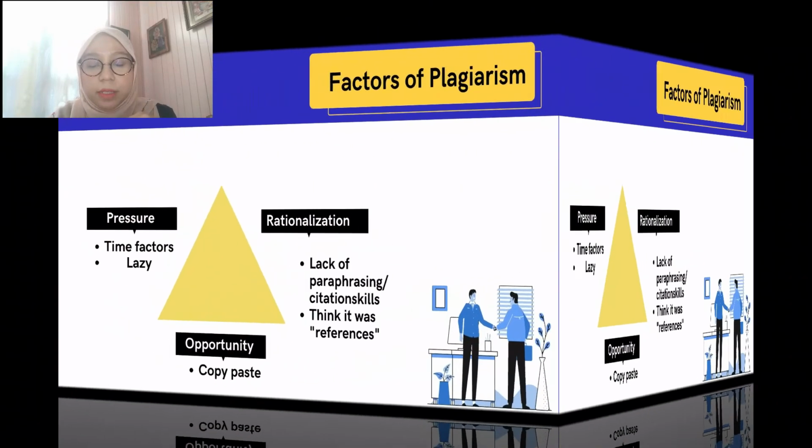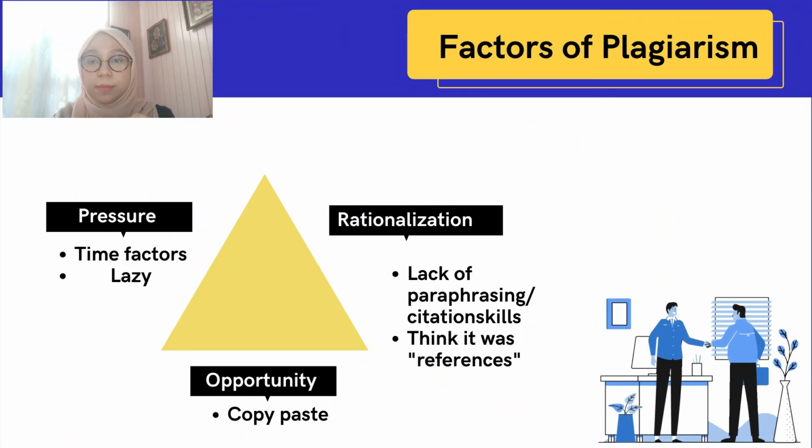Okay, next is the factor of plagiarism in terms of the fraud triangle. Okay, the first factor is timing. Okay, when it comes to submitting a task, the deadline is next week, for example, but this week they have not done anything, and they need to read a lot of articles, for example. Okay, opportunity.